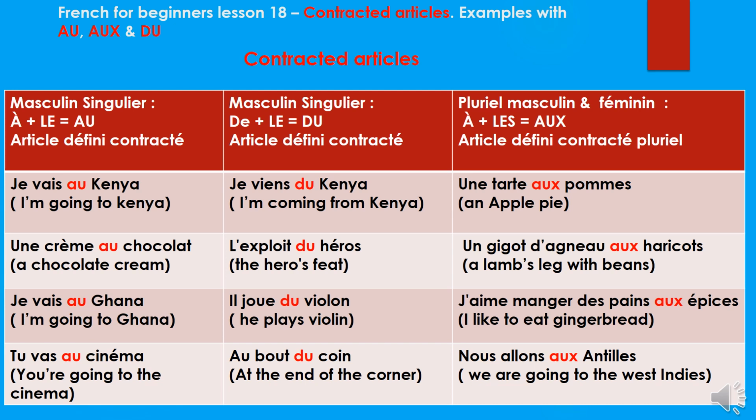Like I said, in French, if there are many words, even if it was USA, for example, United States of America, you will leave it like that. United States in French, you say États-Unis d'Amérique.